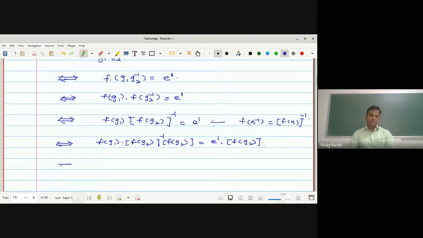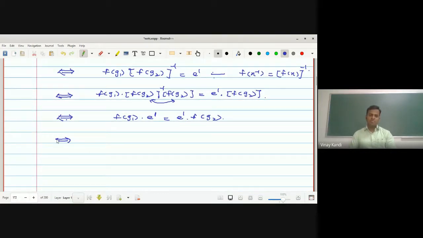So this implies and is implied by f of g1 into e dash, which is equal to e dash into f of g2.